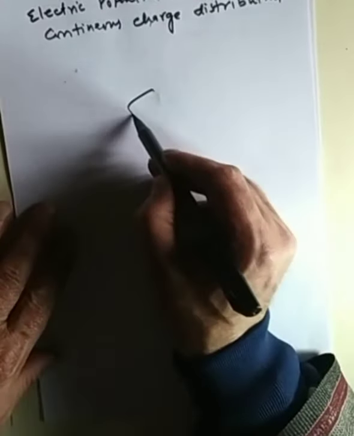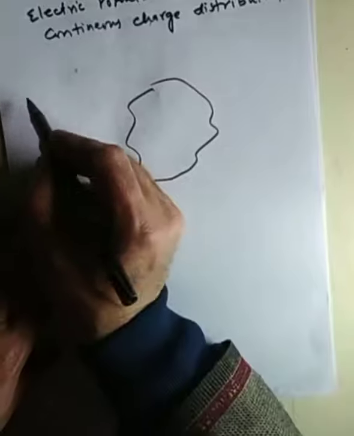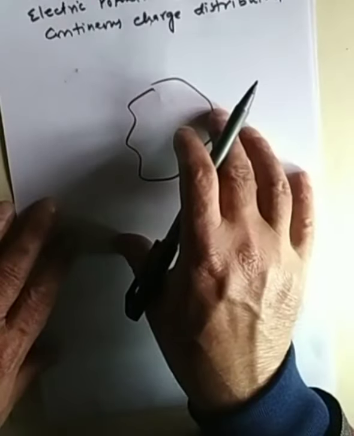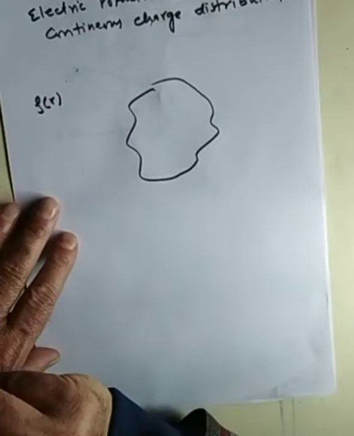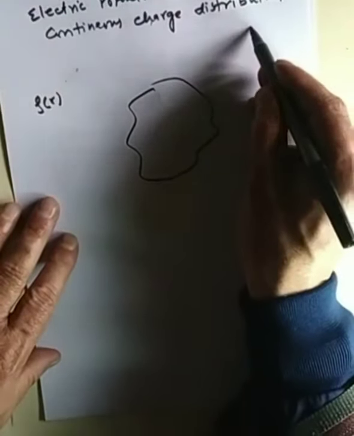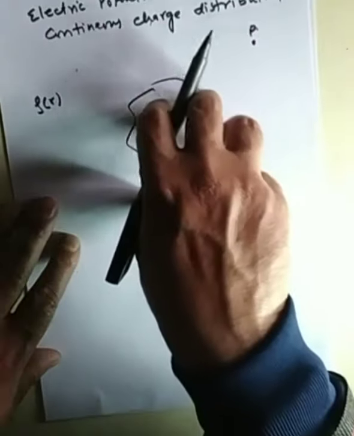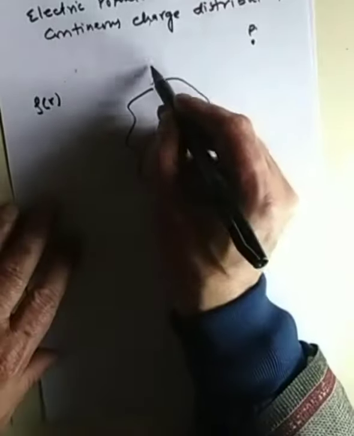Let us suppose that we have a volume which has a charge over it and has a volume charge density rho. Okay. Let us suppose that we have a point P where we want to find potential due to the whole of this volume charge.